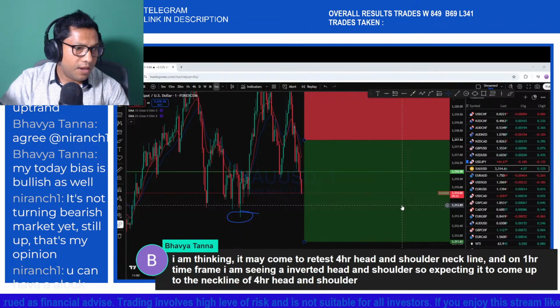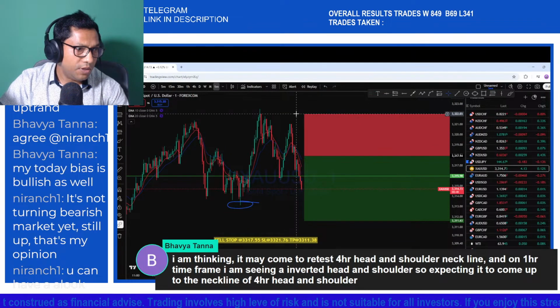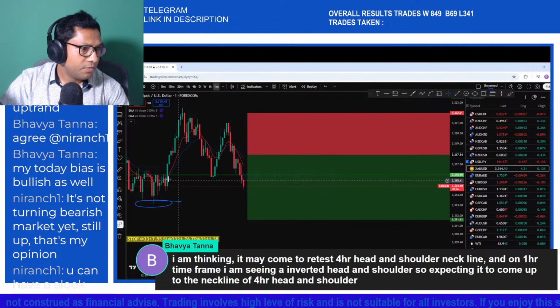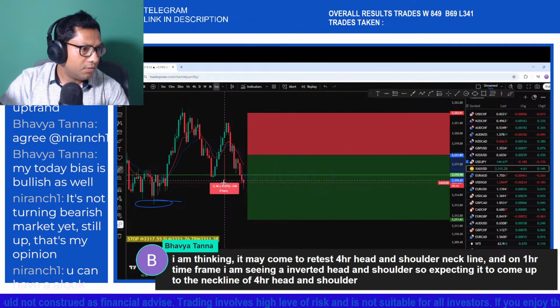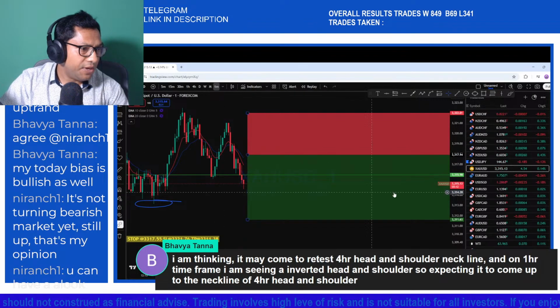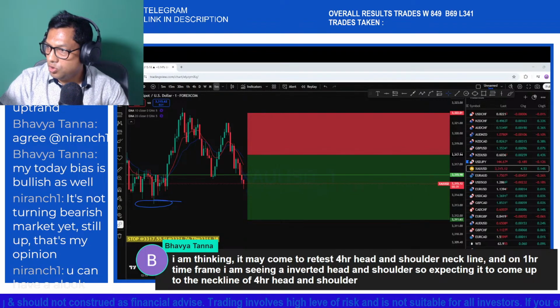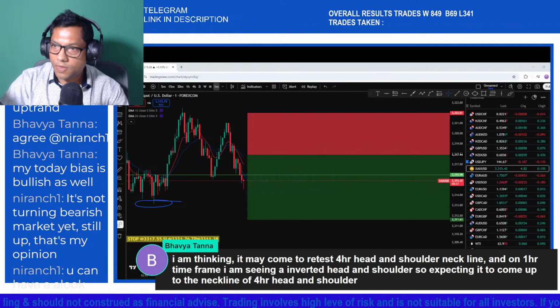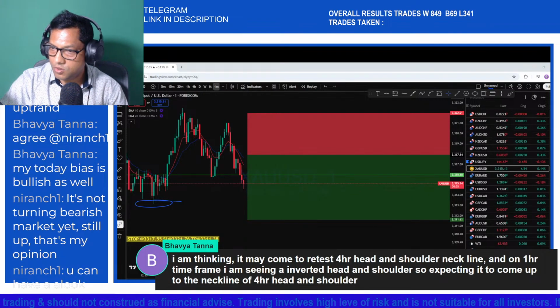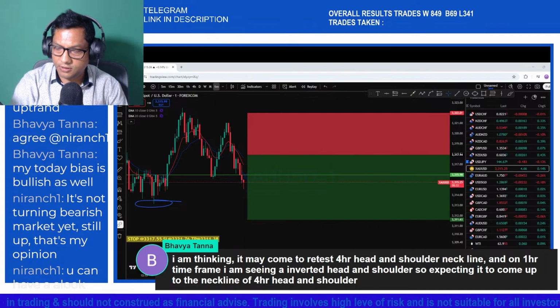And one more drop, we'll be able to close profit, which is 29 pip. I'm closing out with the running profit, closing out 29 pip.